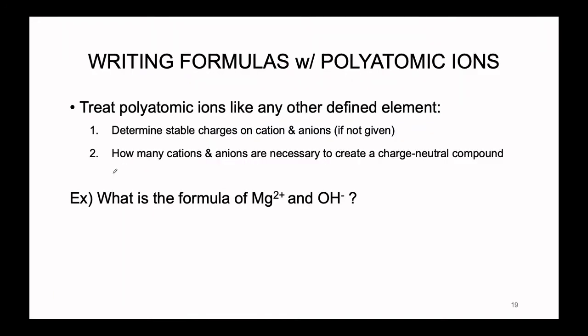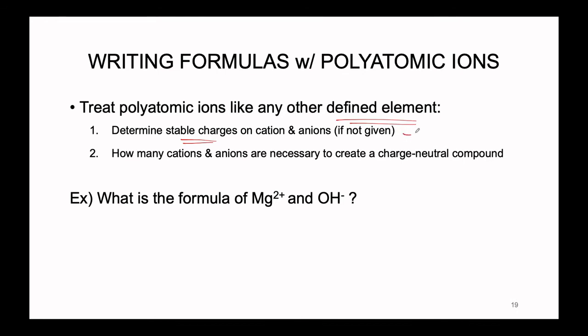All right, so when it comes to writing formulas or writing out the names for these species, we are going to treat polyatomic ions like any other defined element. So we are going to assume that they have a special block on the periodic table because they come as a unit. We must determine the stable charges on our cations and anions if not given.